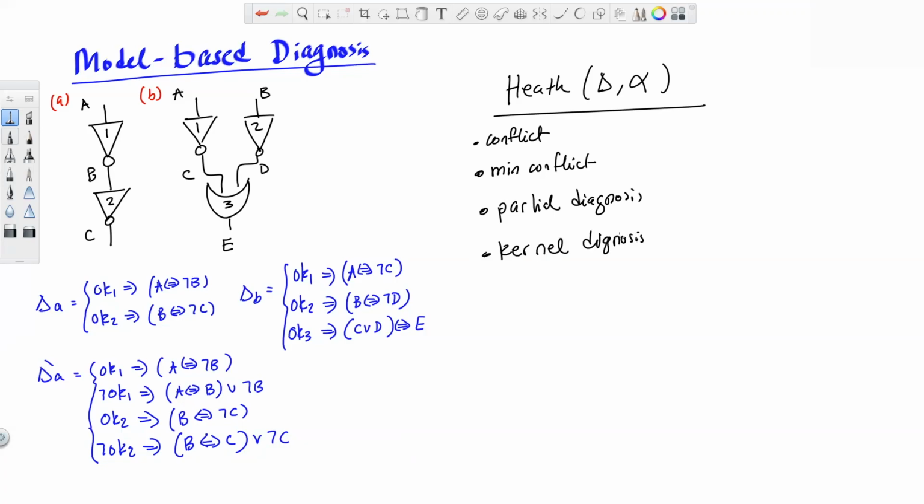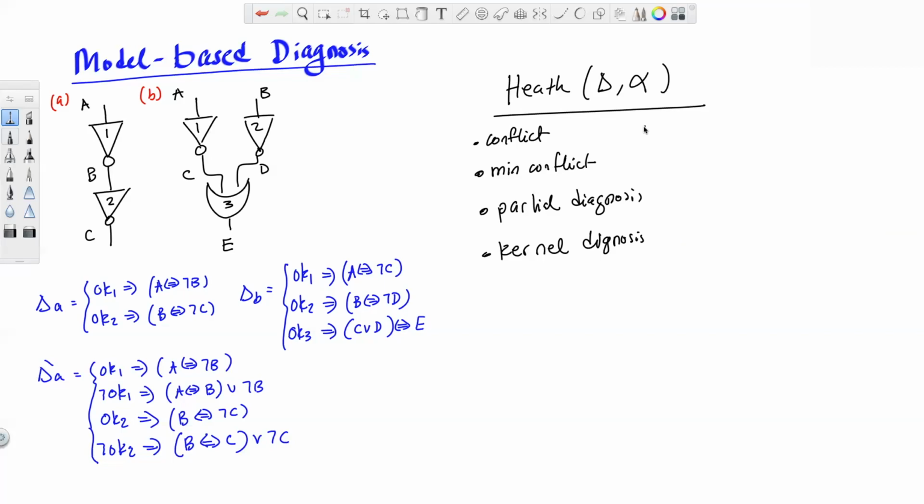Now, I'm not going to give you the definitions of these because we know what they correspond to now. But if you look in your chapter, you're going to see how people define these. I'm just going to tell you what they are given what we know now.